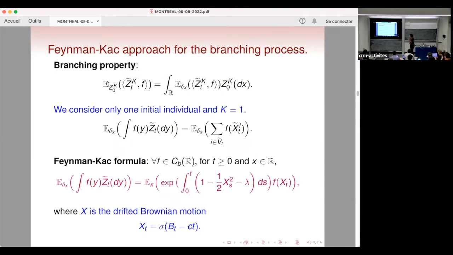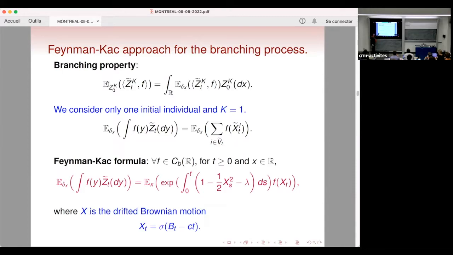And so the first formula we have to prove, I think that for certain people here this approach is classical, is the Feynman-Kac formula, which in a certain sense separates what concerns the growth of the population and the movement between birth and death. It says that starting from one individual with trait x, the expectation of the population measure on some bounded smooth function f is equal to the following expectation.